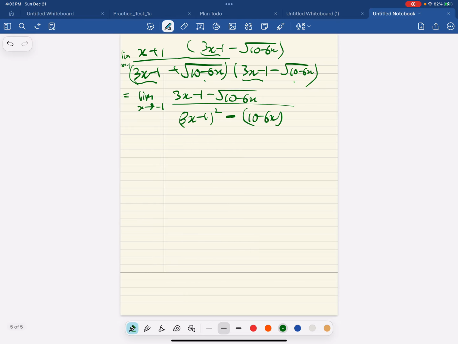And you can keep solving, cancel things out, and well, here you can see that 3x minus 1 to the 2. Distribute this, and it will simplify. So 10 over 9x minus 1.